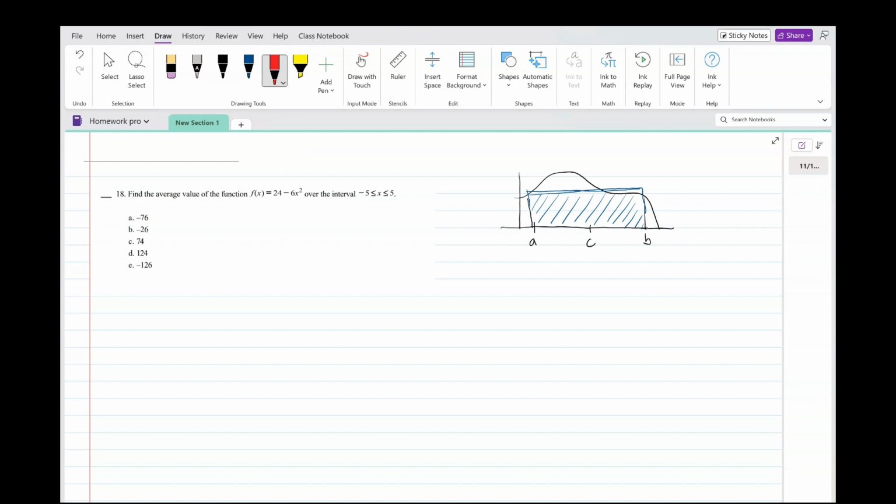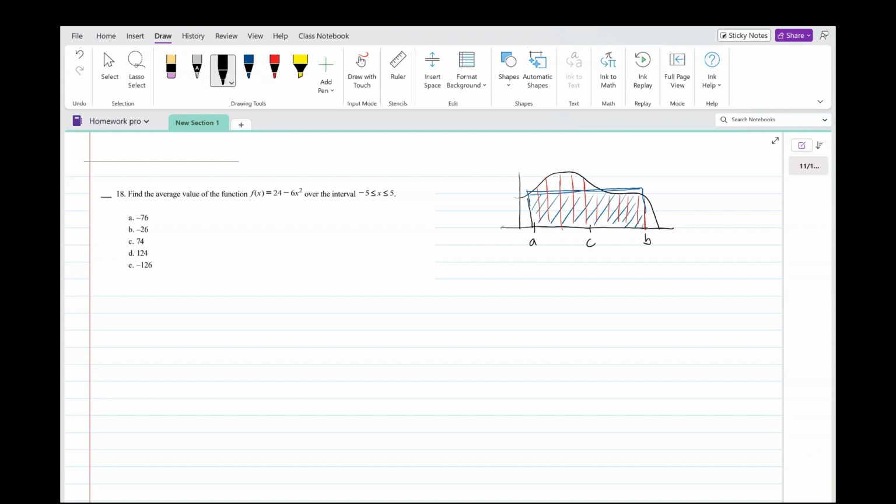Let me just, yeah, let's do red. So the area underneath the curve in the interval AB is going to be given to you by the shading. So that's what we're trying to find.